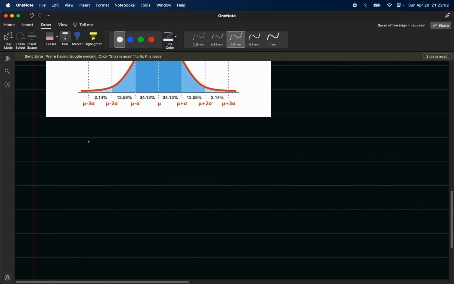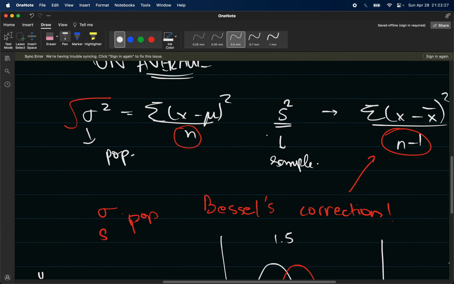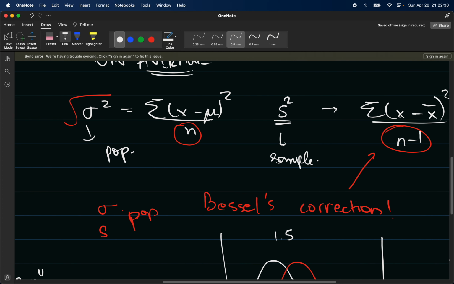I'll give you my own definition: how far am I from the mean? That is a definition of a z-score. How far are you from the mean? More specifically, the question, how far am I? Well, we just answered it here. We can formalize how far you are with this expression.